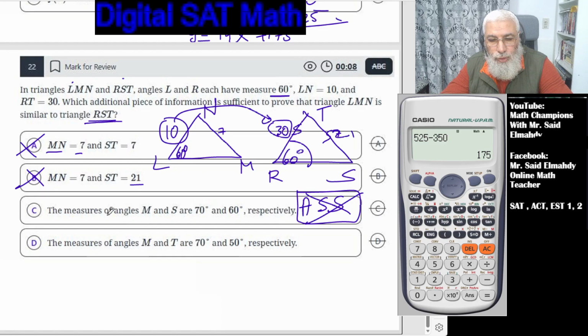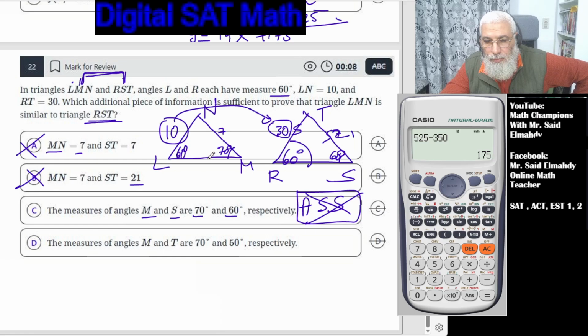The measures of angles M and S are 70 and 60. Let's see if this is 70 and this is 60. M and S should be equal.